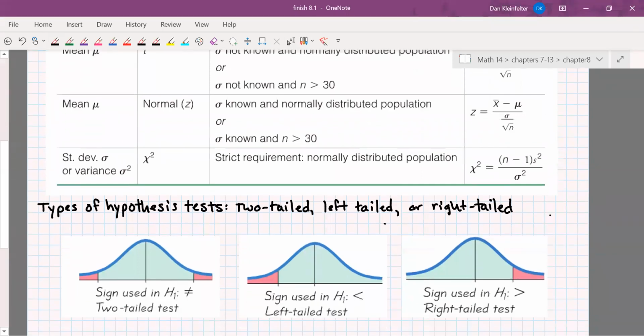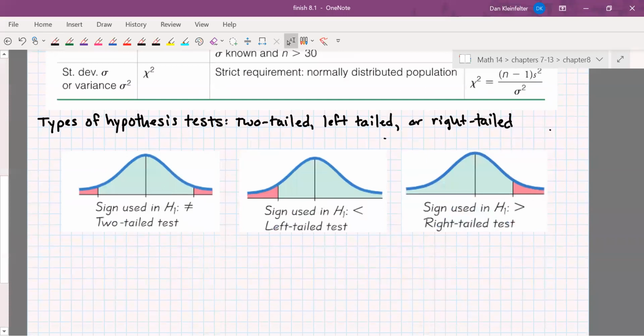There are three different types of hypothesis tests depending on the structure of the alternative hypothesis. If the alternative hypothesis is a not equal to, then that is a two-tailed test. If the alternative hypothesis is a less than, it will be a left-tailed test.